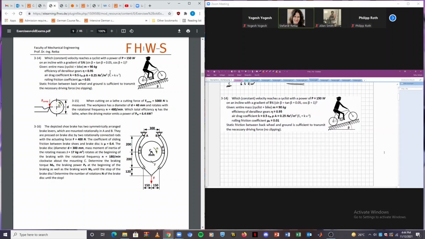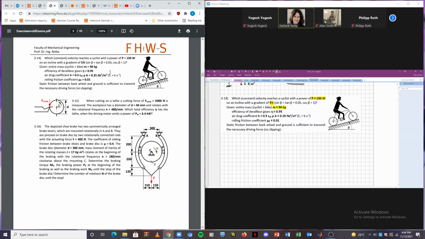So that is our second example. In this case, we have a person on a bike riding uphill, and the person reaches a power of 150 watt on an incline with 5%. And the mass of person and bike is given by 90 kilogram.